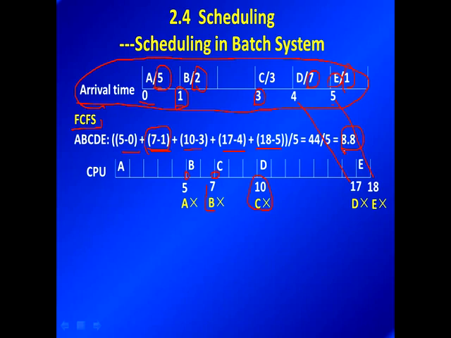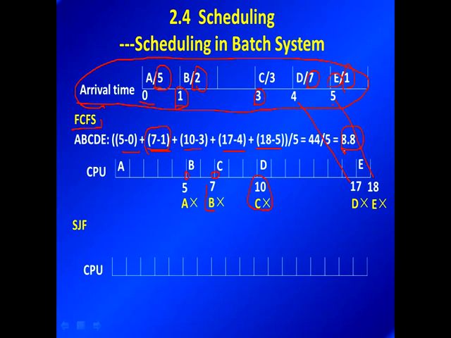And for the same batch of five jobs, you can see if we adopt SJF, the execution order is totally different. In this example, we just give you a simpler version about these different arrival orders.